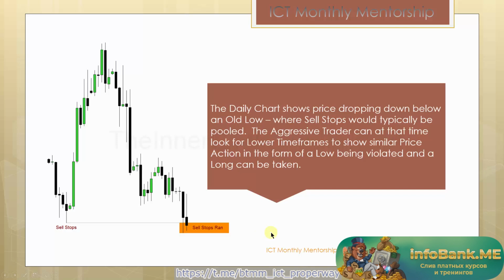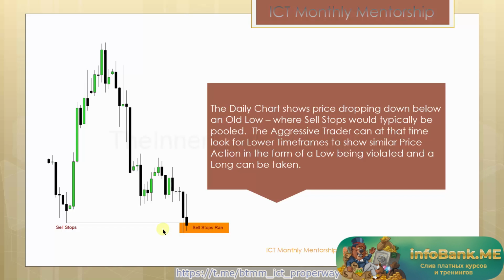an aggressive trader can see this as an opportunity to go into a lower time frame as that low is violated here, right on this candle here. You can go into a lower time frame and look for a similar pattern, because price is fractal. That means everything you see on one time frame is replicable on the higher time frame and the lower time frame. So in other words, it's going to have a lot of similarity throughout all the time frames, because price is still what?